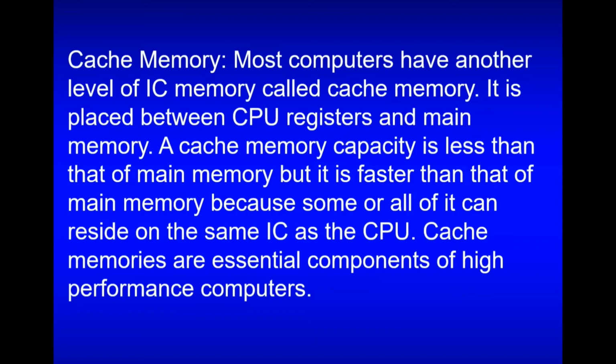That means the CPU which has the ALU will have the CPU registers, and it will also have the cache memory. Cache memories are essential components of high performance computers. That means the objective of using a cache memory is to enhance the performance of the computer.